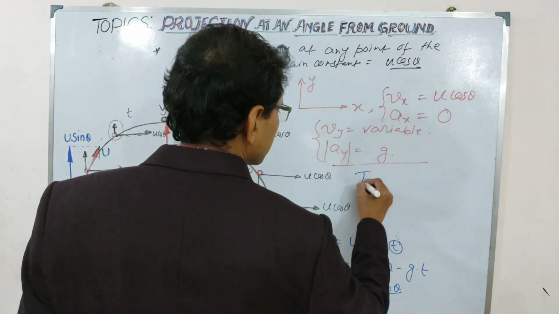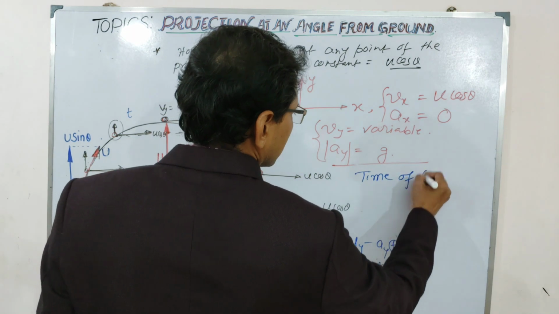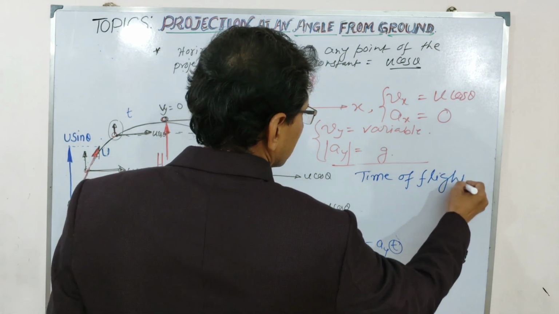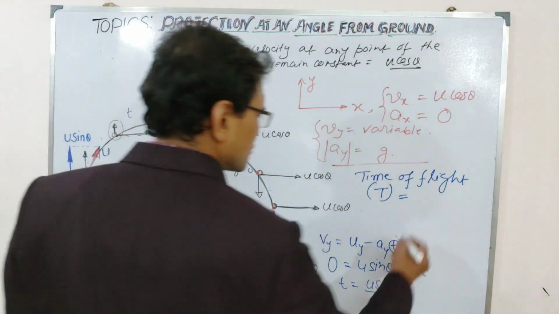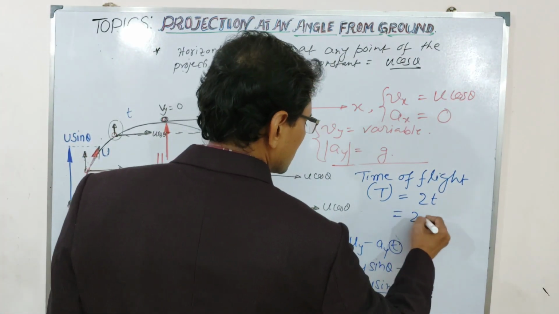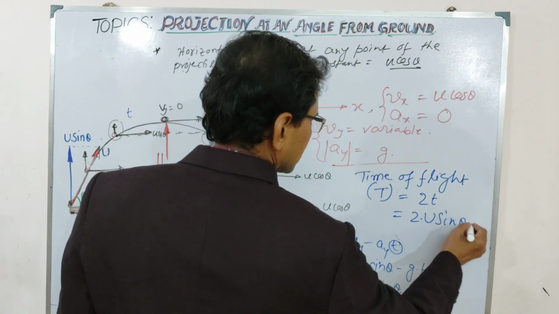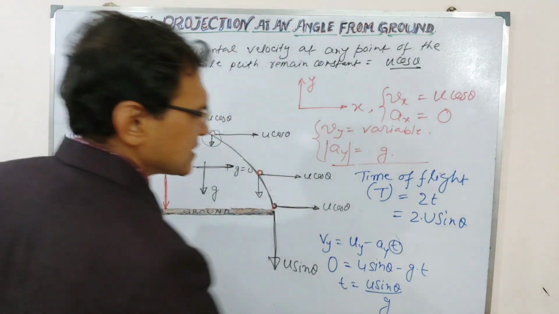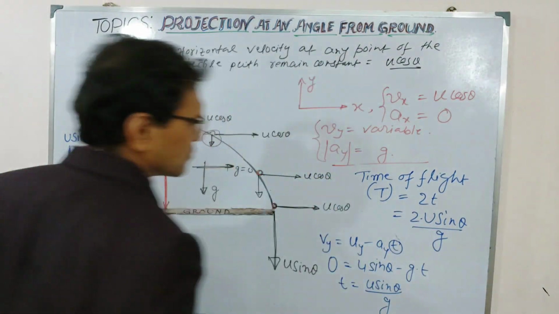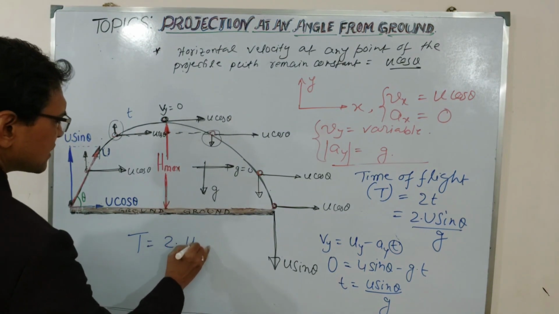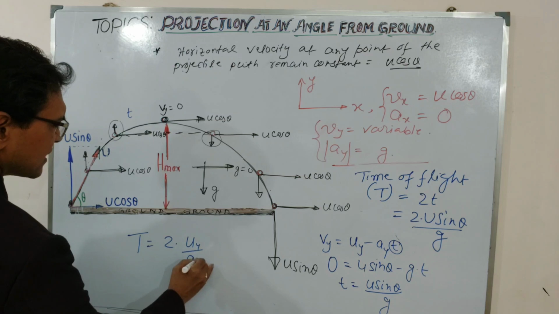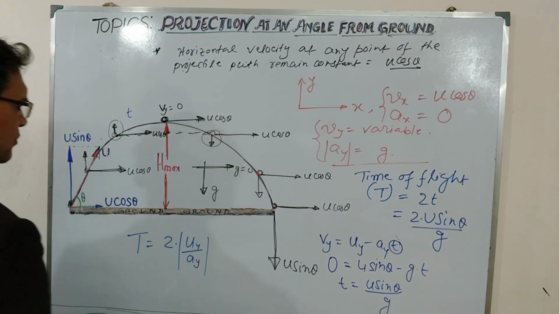So the time of flight T will be twice t, that is 2 u sin theta by g, which we can write as 2 times initial velocity by ay in this form.